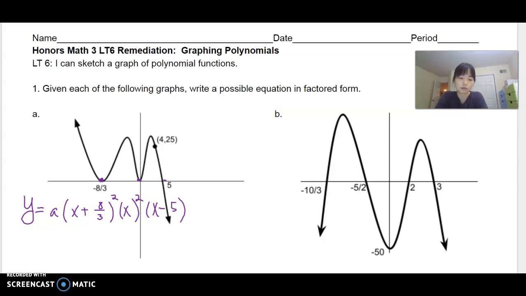Why did I put x? Because it's x plus 0. Pass is just 1. Now you have to put in your x and y to figure out your a value. So 25 is a times 4 plus 8 over 3 squared, 4 squared, 4 minus 5.